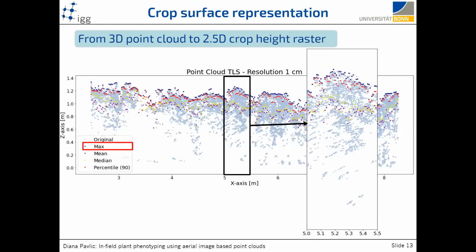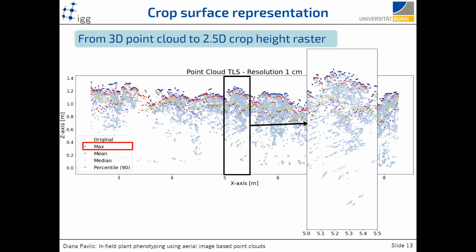When we look here, we can see one cross section of the point cloud from the terrestrial laser scanner, and firstly, we can see these gray points are all the measurement points and how the measurement penetrates the crop.